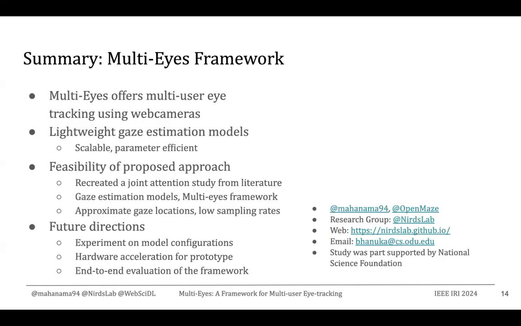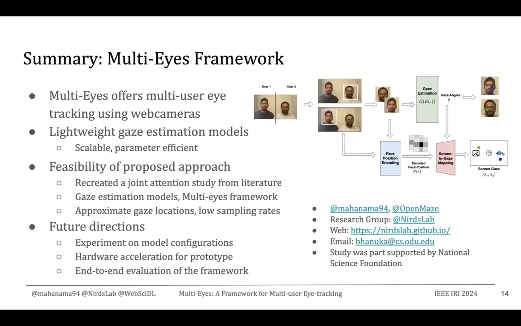In summary, we introduced MultiEyes, a framework for multi-user eye tracking using web cameras. In our study, we identified a set of lightweight, parameter-efficient gaze estimation models, which also offer scalability. We also demonstrated the feasibility by recreating a joint attention experiment from the literature.